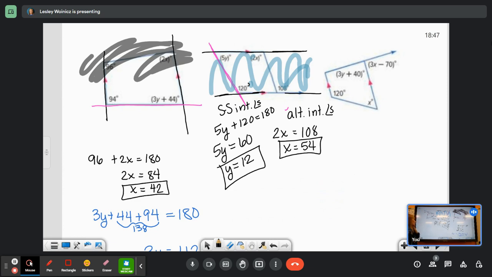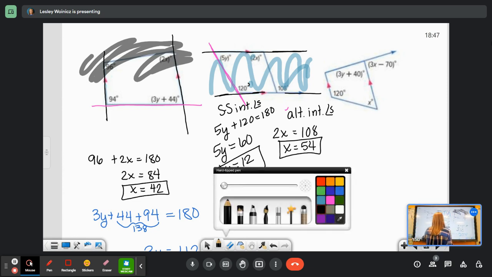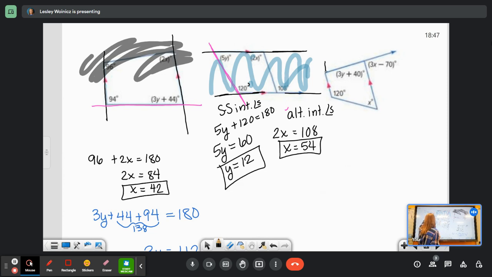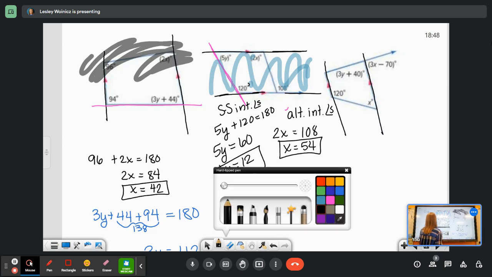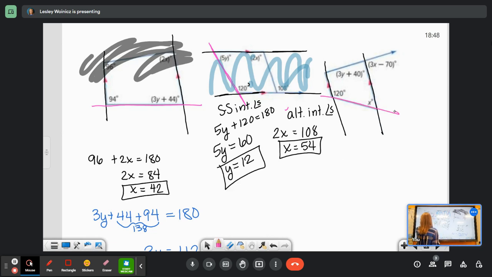Okay, last but not least. We're saving this one to the end because you have to get x to find y. So let's find x first and then we'll plug in x and find y. I'm sleepy, sorry. So here are my parallel lines. Here is my transversal.